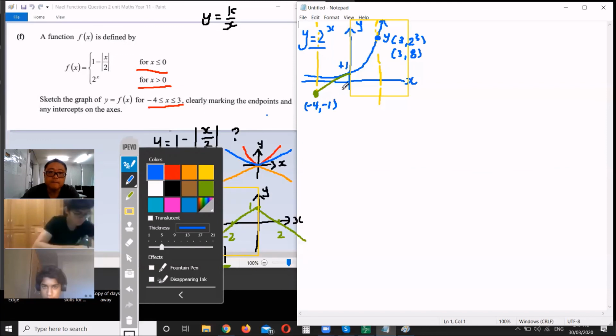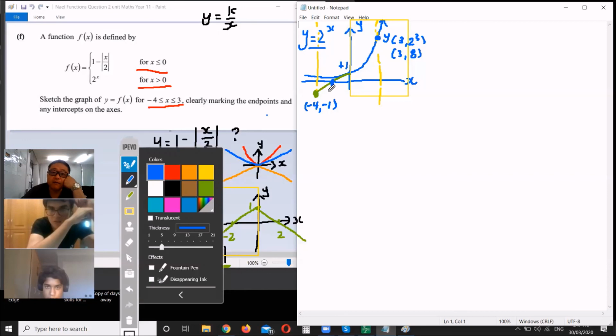Is that full marks? I think so. Let's have a look at my graph. Did you write -2 on the x-axis? No, I haven't.